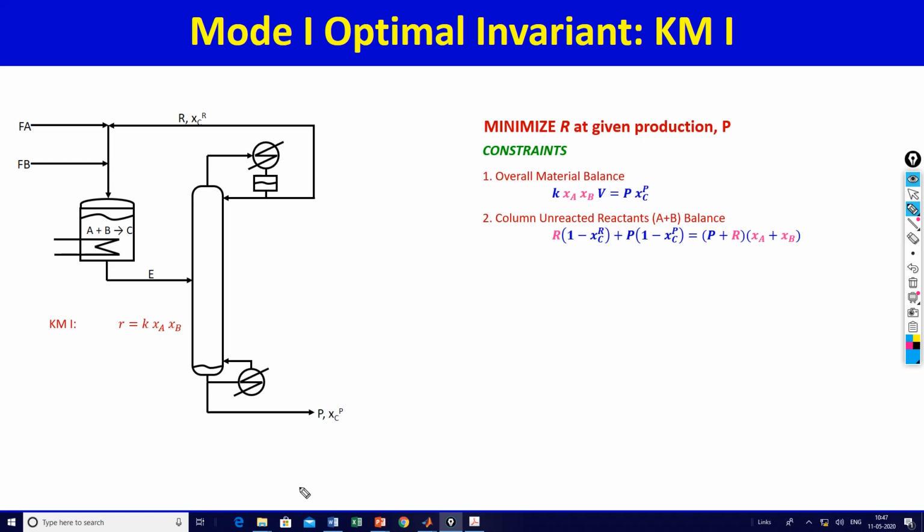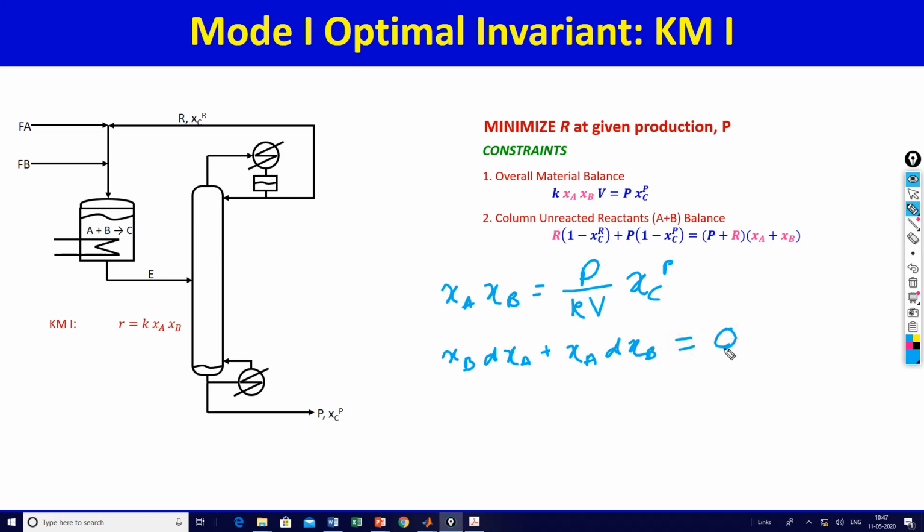Now that we have this, differentiate the overall material balance. XA times XB is equal to P by kV times XCP. Right hand side is a constant. Differentiate both sides, then what you get is XB times dXA plus XA times dXB is equal to 0, because the right hand side is a constant.